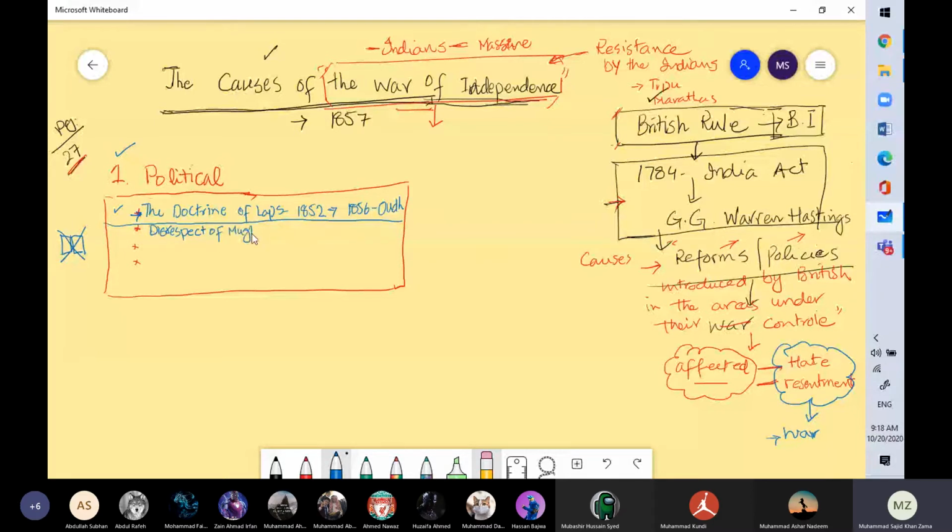I can be a little brief for later reference, because sometimes at the spot you understand and later on maybe you are in need of more detail. So, disrespect of Mughal Emperor. If this is enough for me to recall the whole event, fine, or otherwise I can put more detail by Dalhousie.